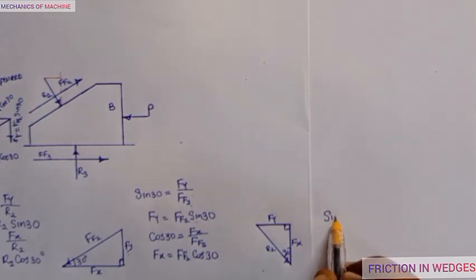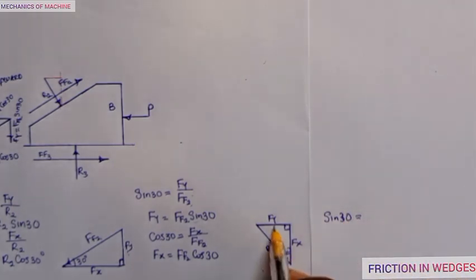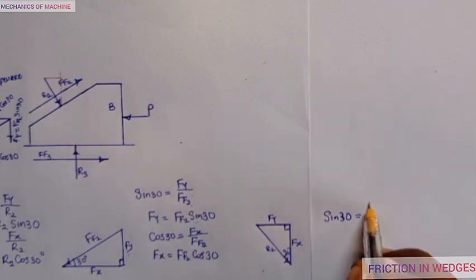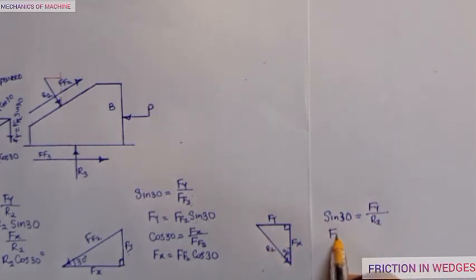Sine 30 is equal to opposite over hypotenuse. Where the angle is facing is my opposite, so that's Fy, all over the hypotenuse, which is the force itself, the longest side of the triangle, arrow 2. So my Fy will give me arrow 2 sine 30.